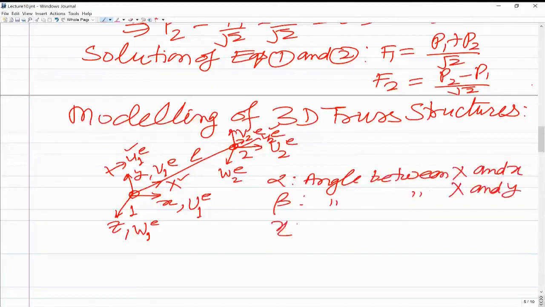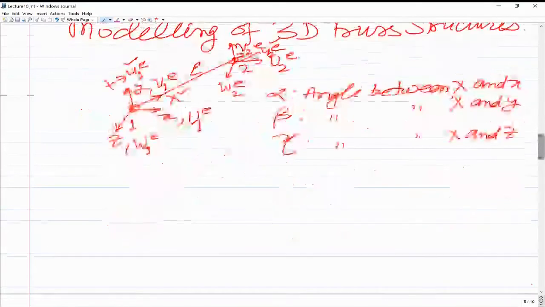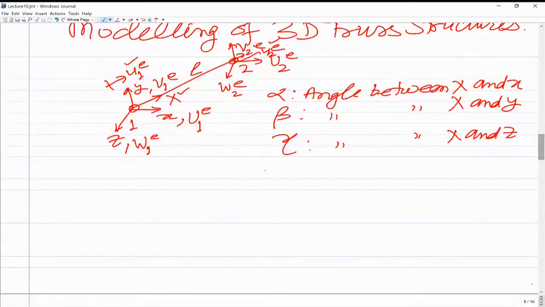And gamma is the angle between capital X and z. If these are the angles, you can write the direction cosines. Cos alpha can be written in terms of the global x, y, and z coordinates of nodes 1 and 2, and of course if you know the coordinates, you can always calculate the length.